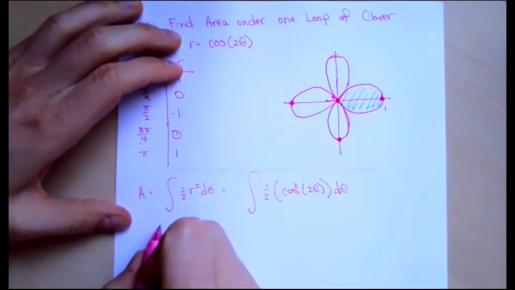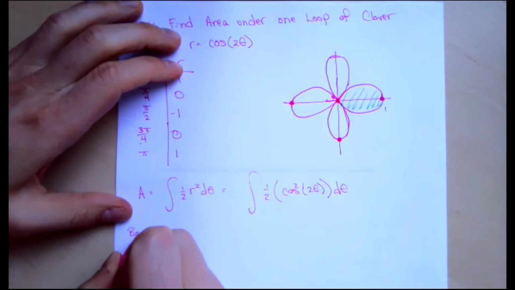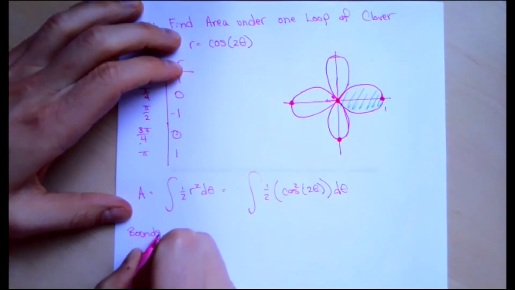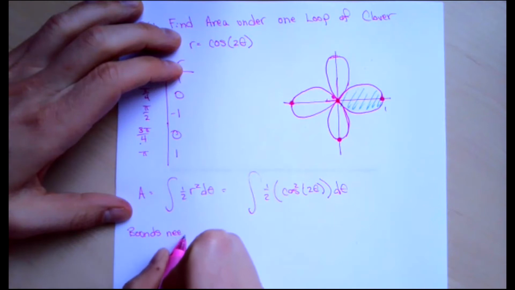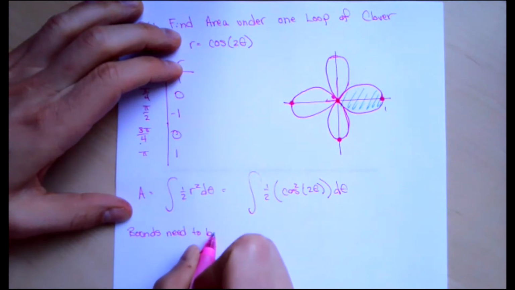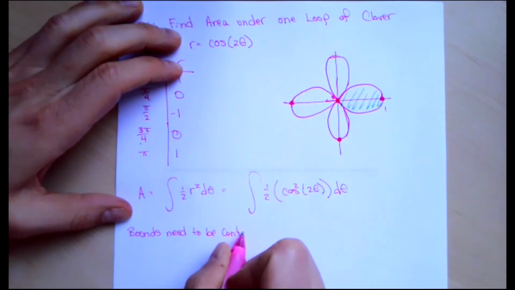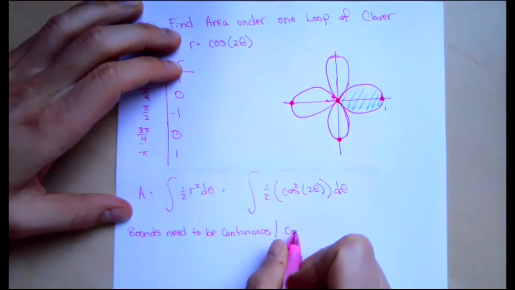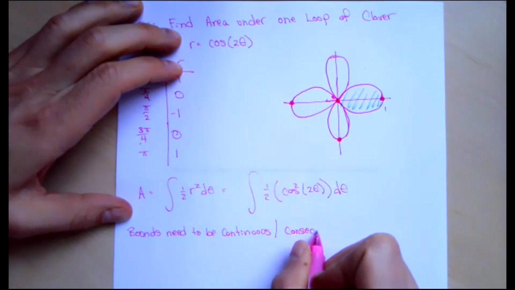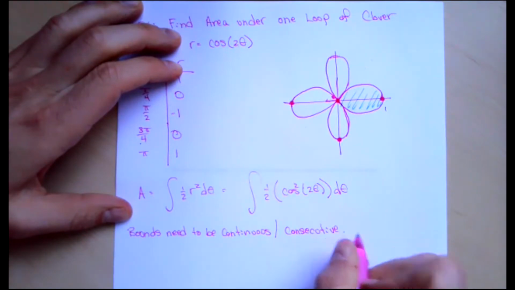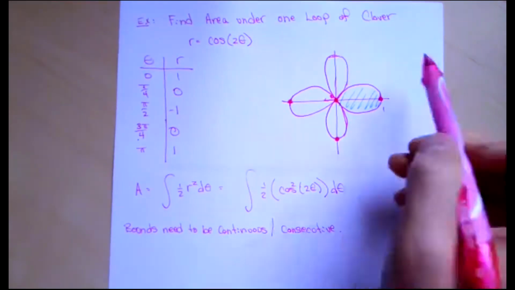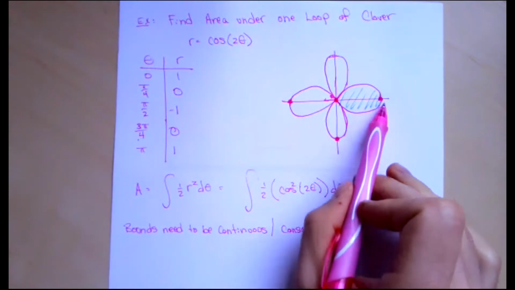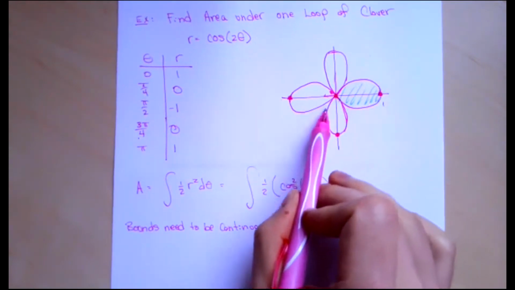One note is that the bounds need to be continuous, i.e. consecutive. So of course, as my theta increases, I started here at 0, and we loop around.